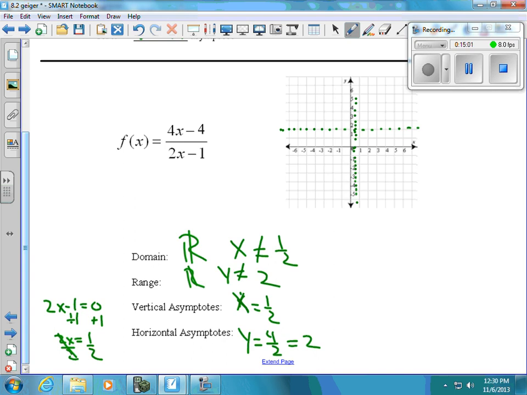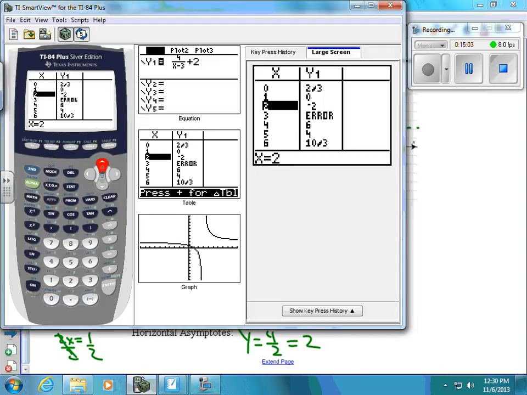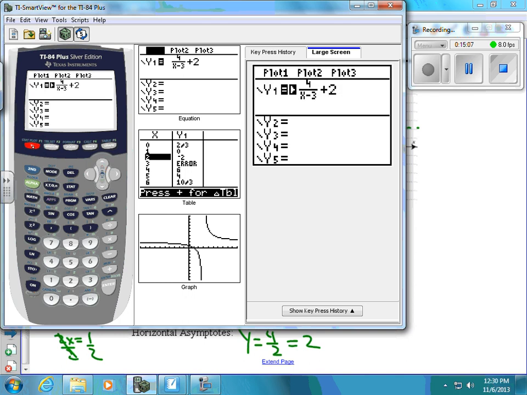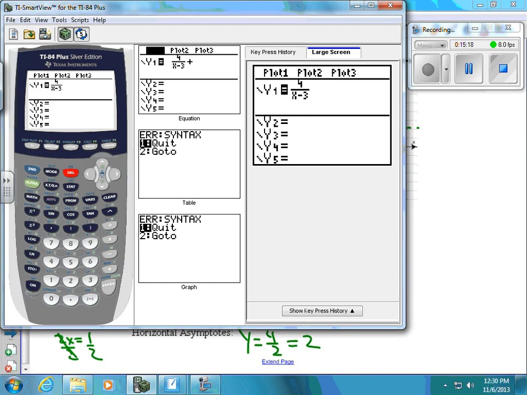Last thing we have to do is make a nice little graph. Go to y equals. I don't want to have to retype everything, so I'm going to delete some of this extra stuff we don't need from our last example.